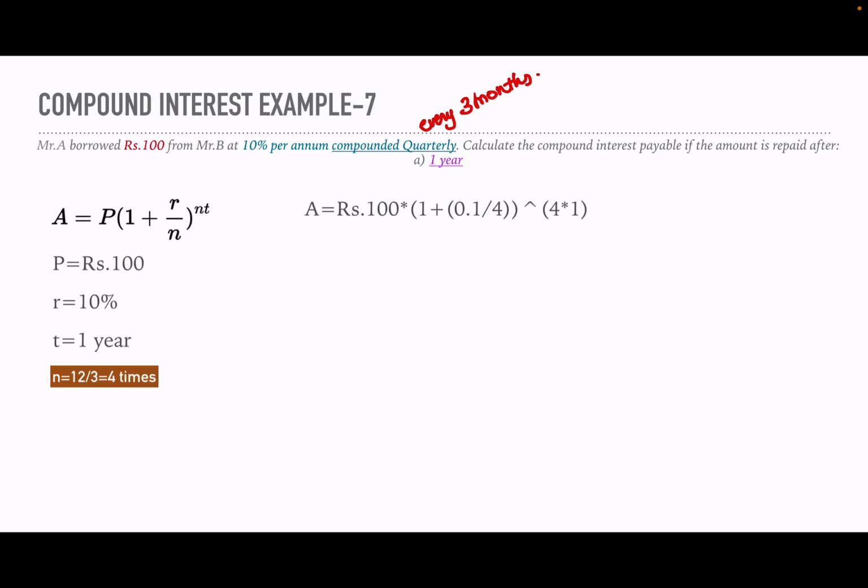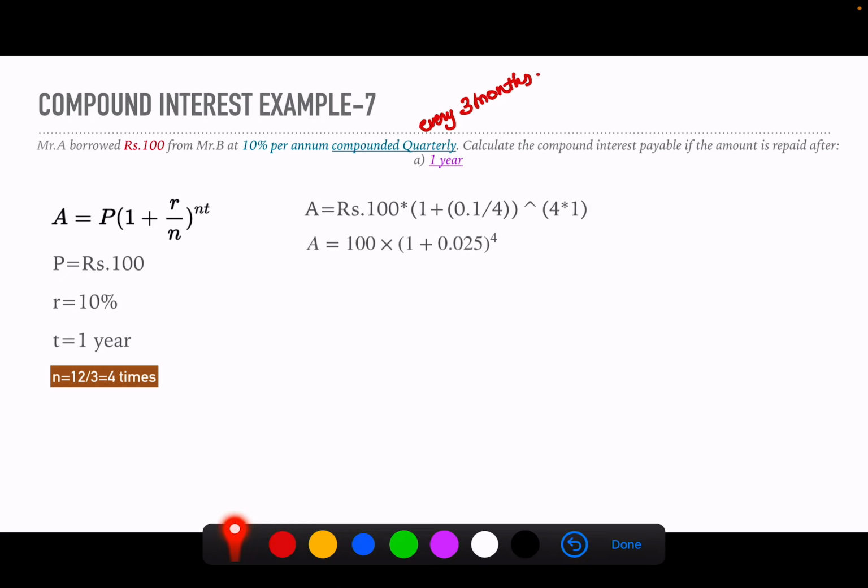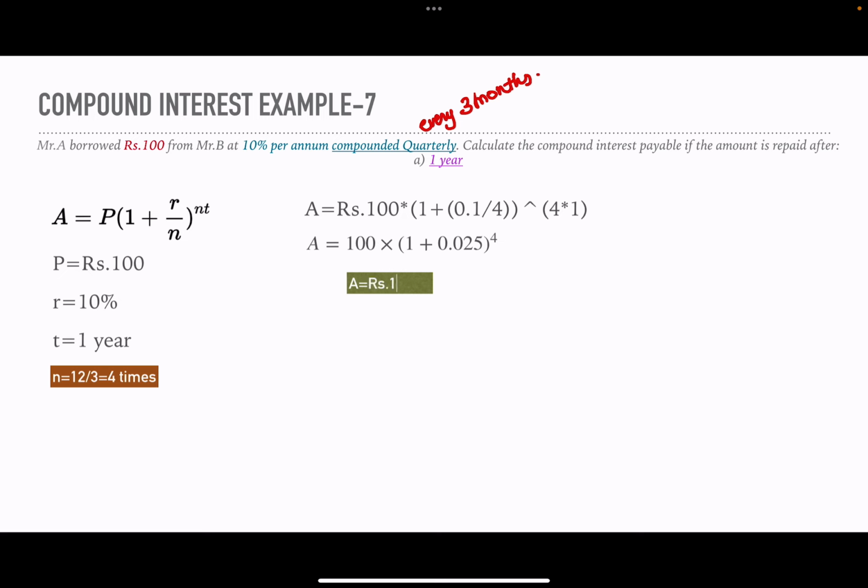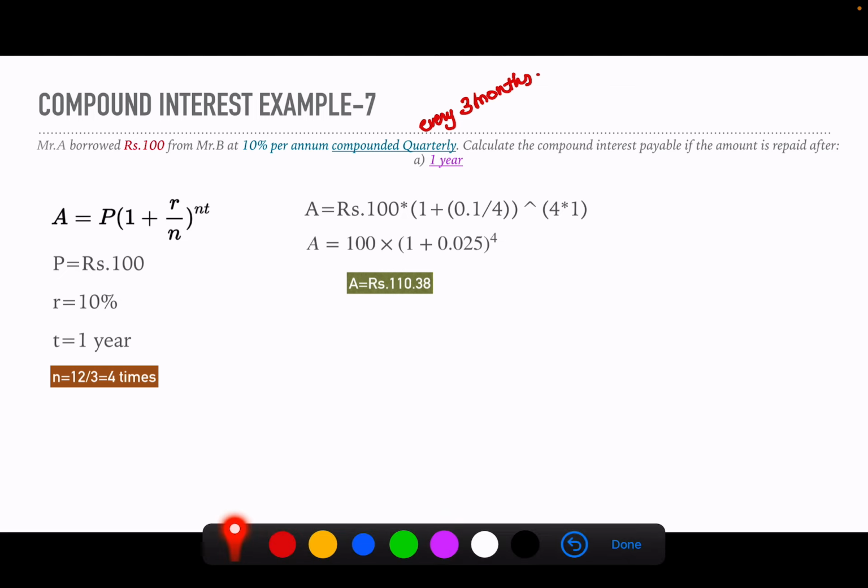So putting the numbers into the formula, we will get A is equal to 110.38. Again, compound interest is equal to amount minus principal. So that is 110.38 minus 100, which will be 10.38. That will be the compound interest.